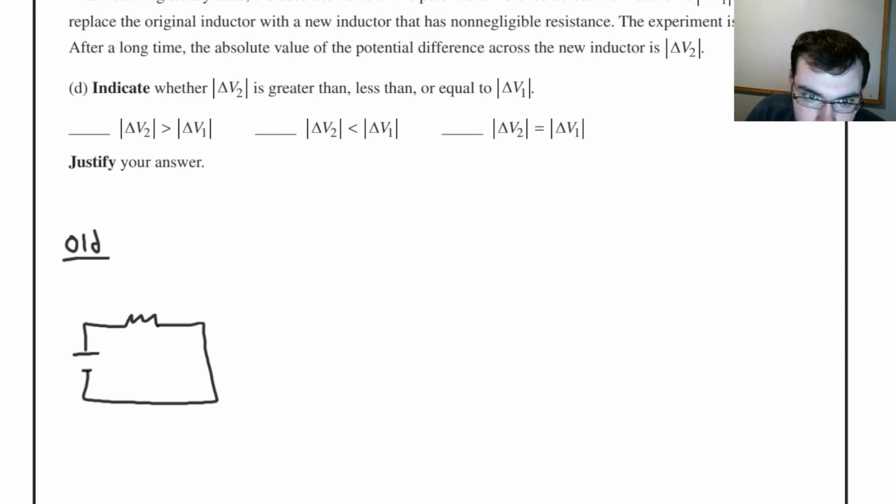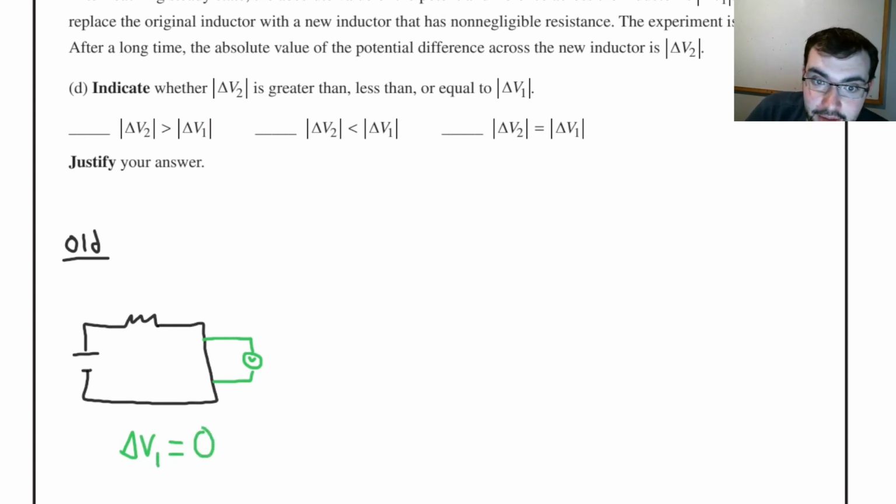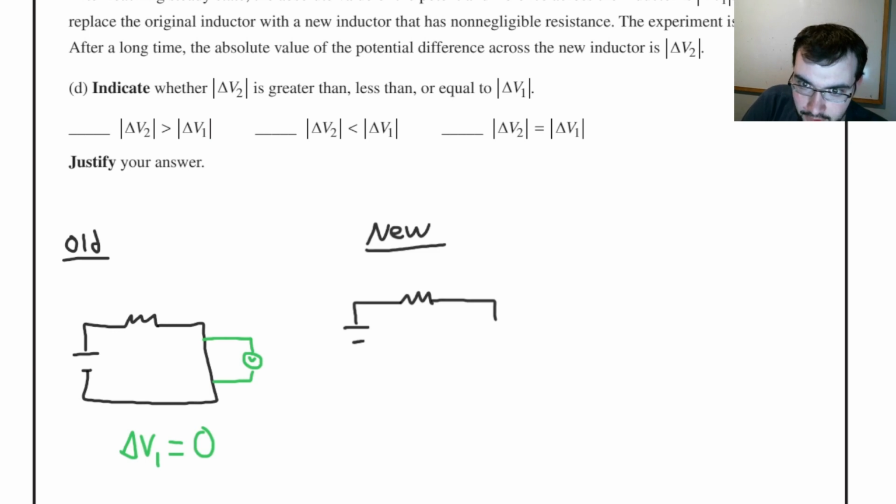If we just record the delta V across basically a wire here, we get 0. But instead, if we look at the new case, it's not just an inductor. The inductor part itself still doesn't have a voltage drop across it, but its resistance generates a voltage drop in addition to itself.